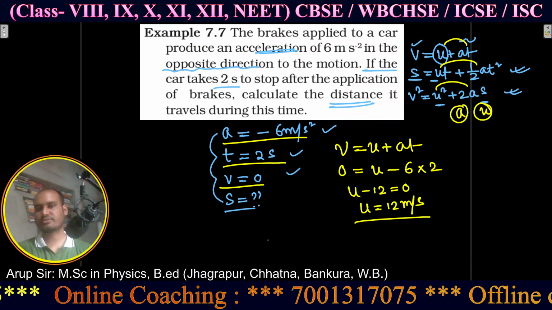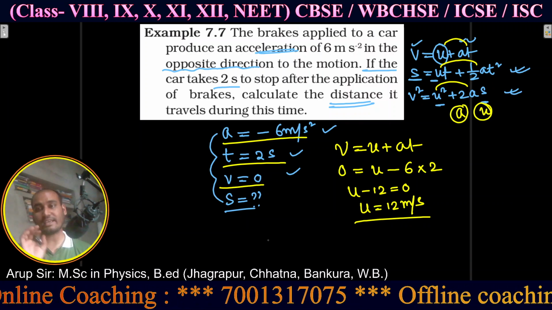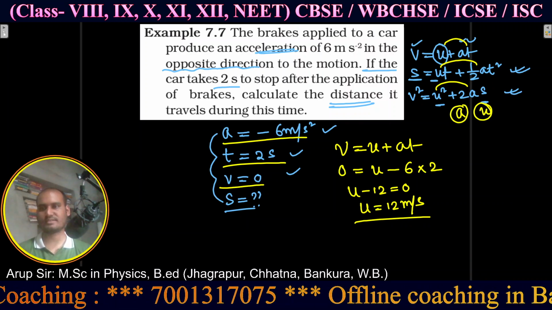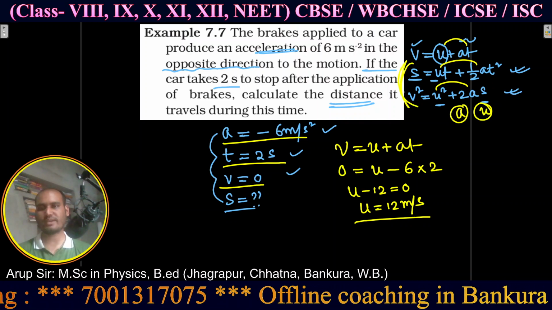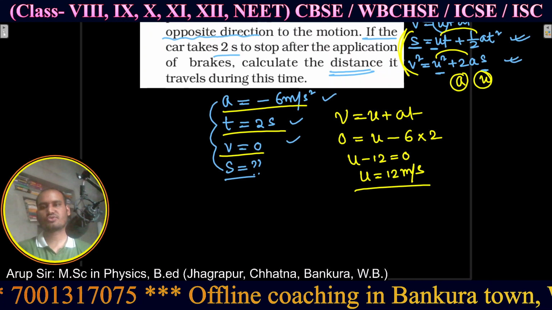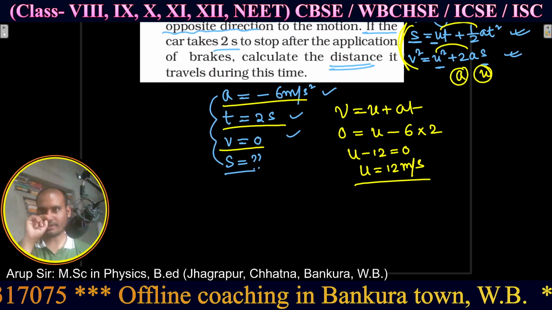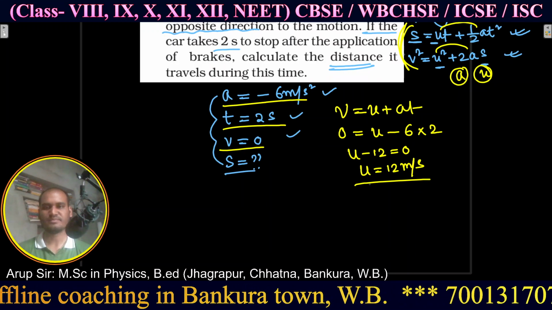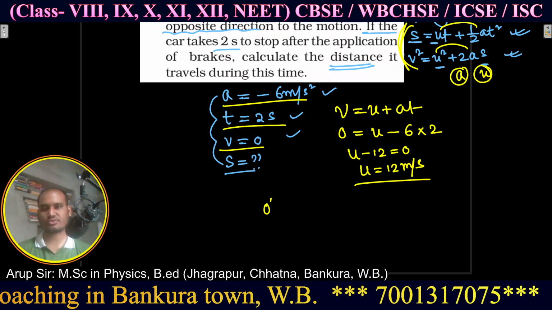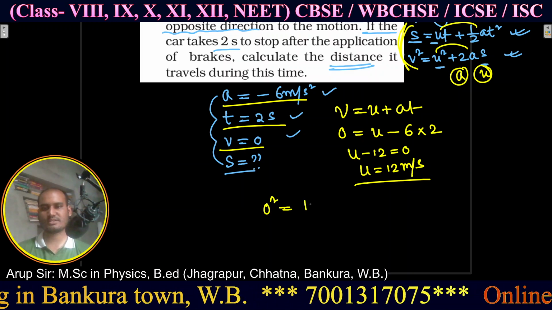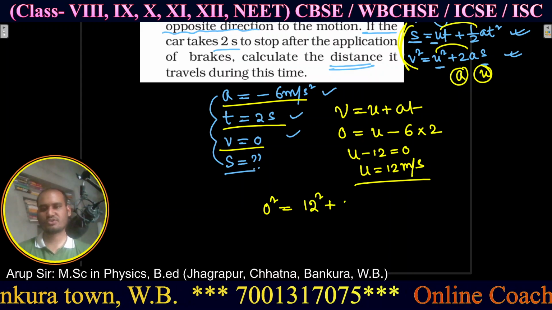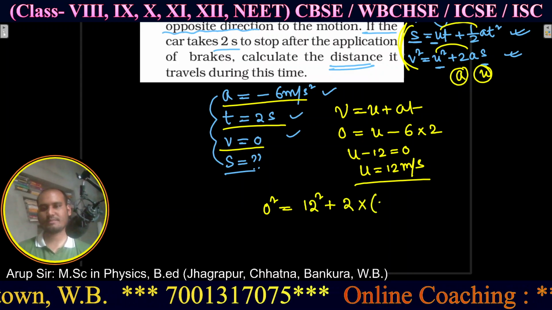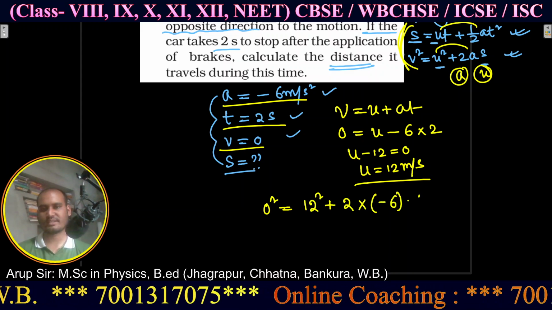If initial velocity is known, then we can use any formula to find S. Among these two, any formula you can use. I am using the last formula, V square equals U square plus 2AS. So 0 square equals 12 square plus 2 times minus 6 times S, which we need to find.